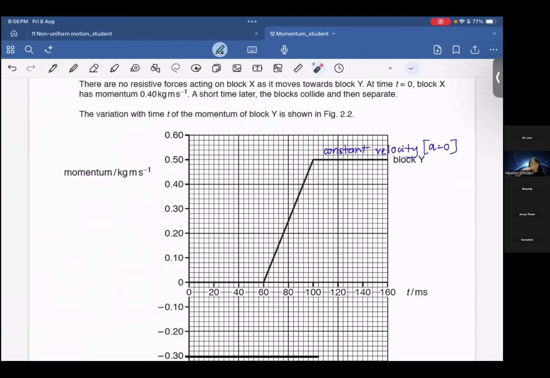The force exerted on block Y is during the contact. After this it has already separated, with no more force acting on block Y due to block X. So we should use this part. Find the gradient: the gradient is the y-axis divided by the x-axis. Calculate and then tell me the resultant force.